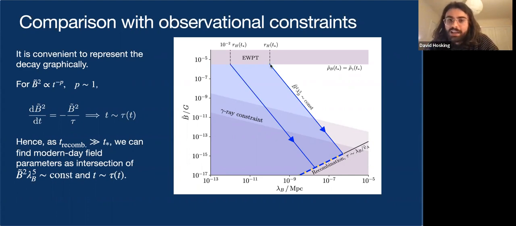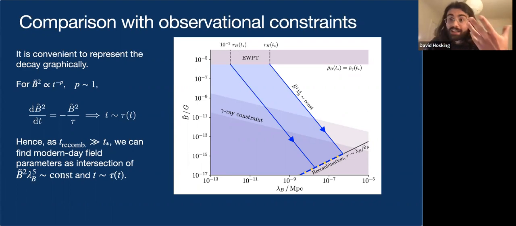The reason is that if one started one's decay with a correlation scale equal to the Hubble radius, and with a magnetic field energy that ensured equality between magnetic energy and radiation density at the time of the electroweak phase transition, one would arrive, following this decay theory, at a magnetic field strength that didn't satisfy the observational constraint.